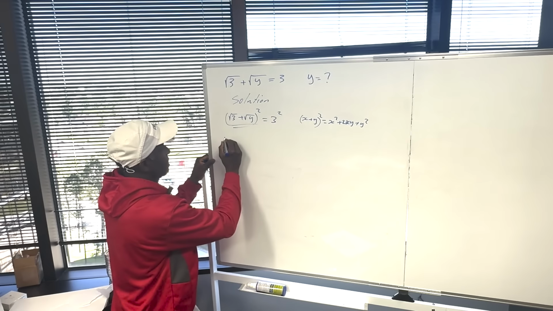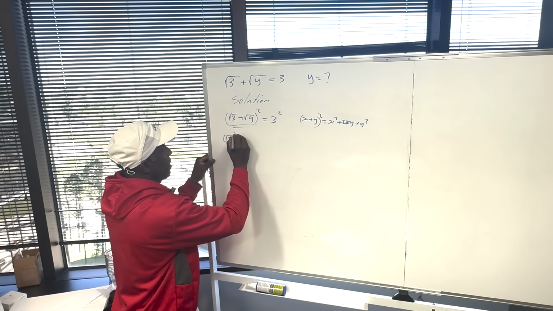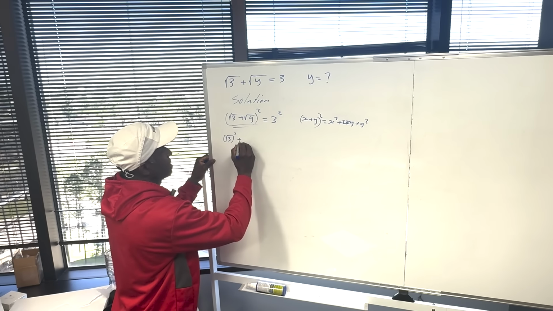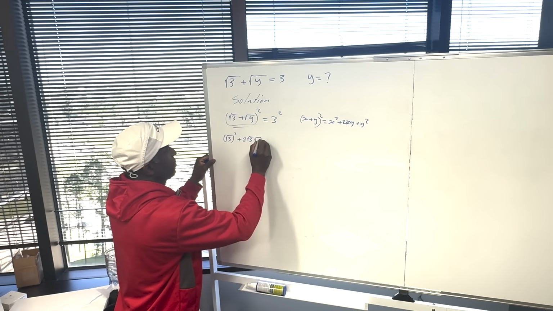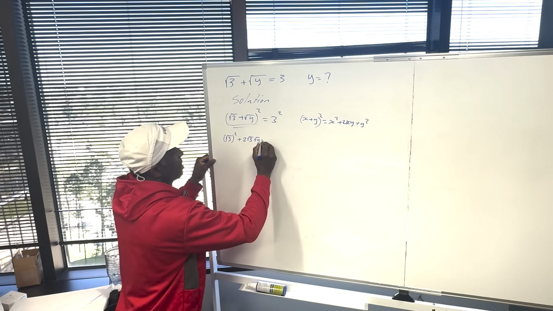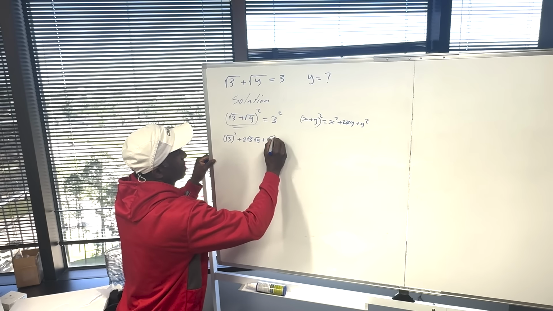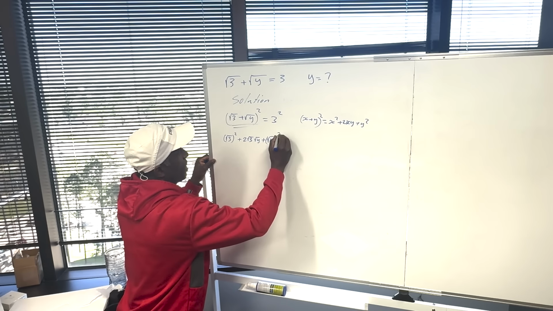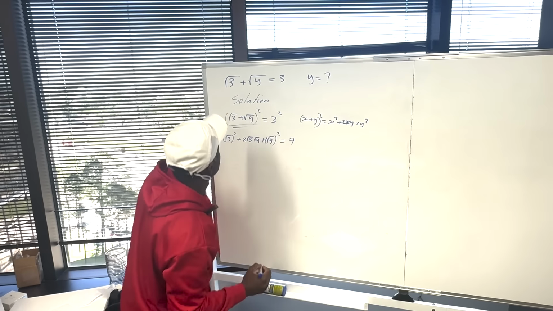We say square root of 3 squared plus 2 square root of 3 square root of y plus square root of y squared is equal to 9.